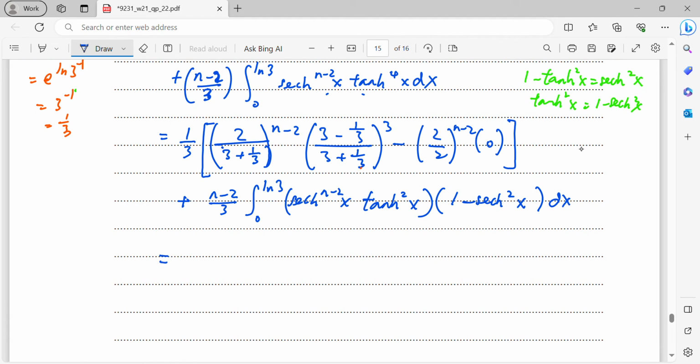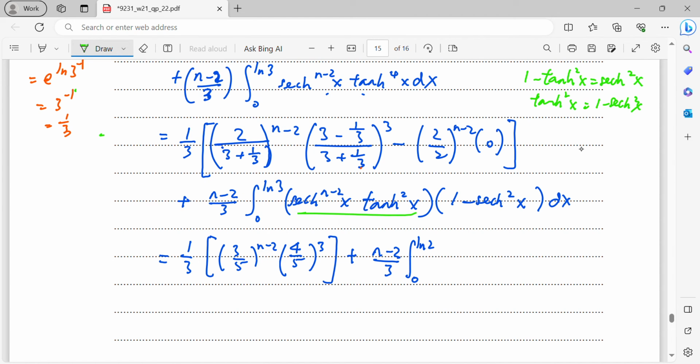Then here you will get 1 over 3. So when you simplify, the first term is (3/5) power n minus 2. Then the second term is going to be (4/5) to the power of 3, close bracket, plus (n minus 2) over 3 integrate 0 to ln 2, though here you multiply by 1. Okay, so we multiply by 1, just rewrite.